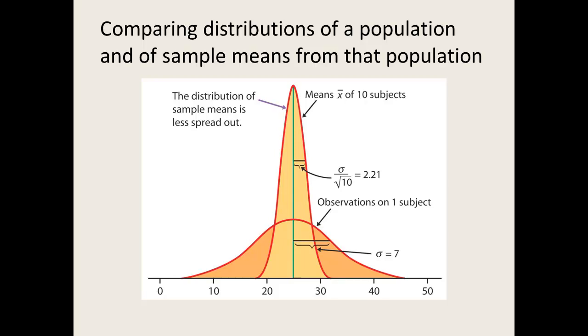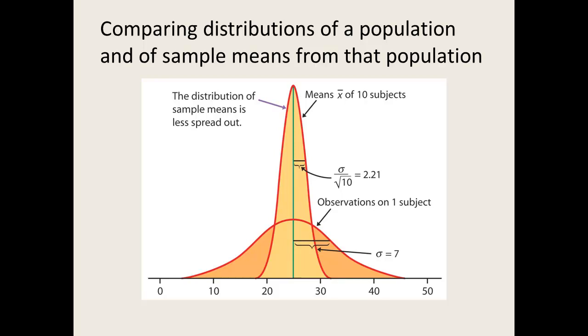Remember, the standard deviation describes the spread of the values around the mean. If you plot the distribution of sample means, you've already reduced the variability of the scores because, in this example, each score represents an average of 10 scores.